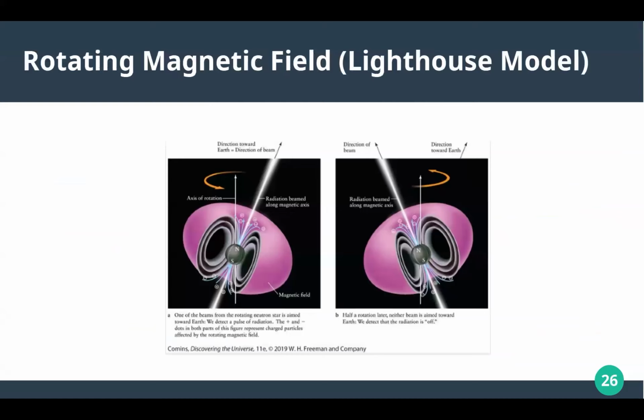Or half of 0.033 seconds, because it's only moving through half of its precession, it is pointing towards us at another moment. This is called the lighthouse model because it is for the same reason that you see a lighthouse beam pointing towards you at some point and away from you at another point, where you won't see the lighthouse beam coming towards you.